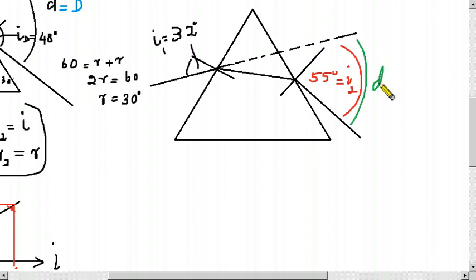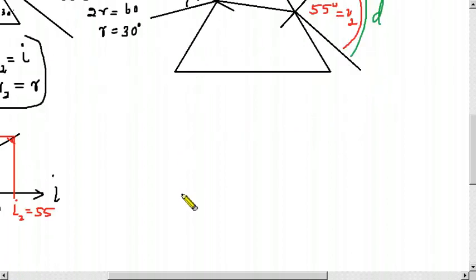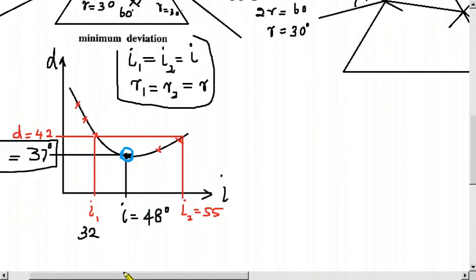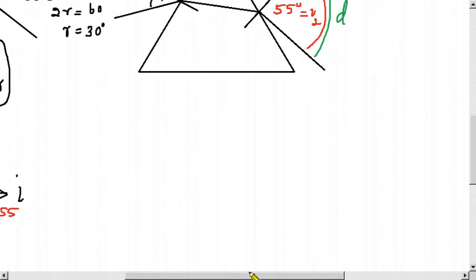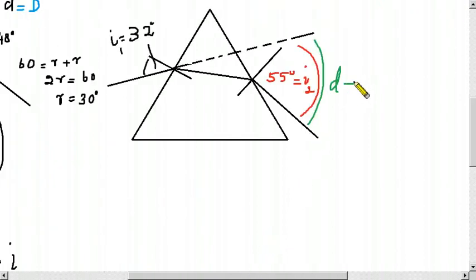That is not capital D, it is a simple d, because we are talking about deviation other than minimum deviation. So the deviation is 42, that we have assumed as 42. So we have to mark here, this angle is 42. According to that, these are the two I values.